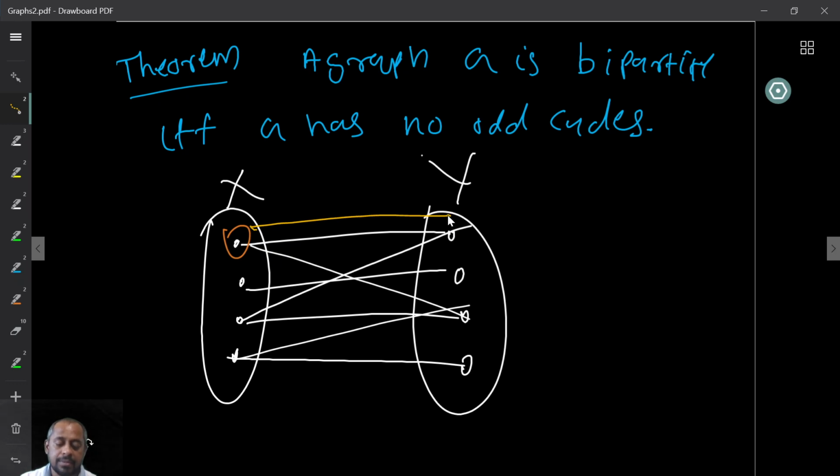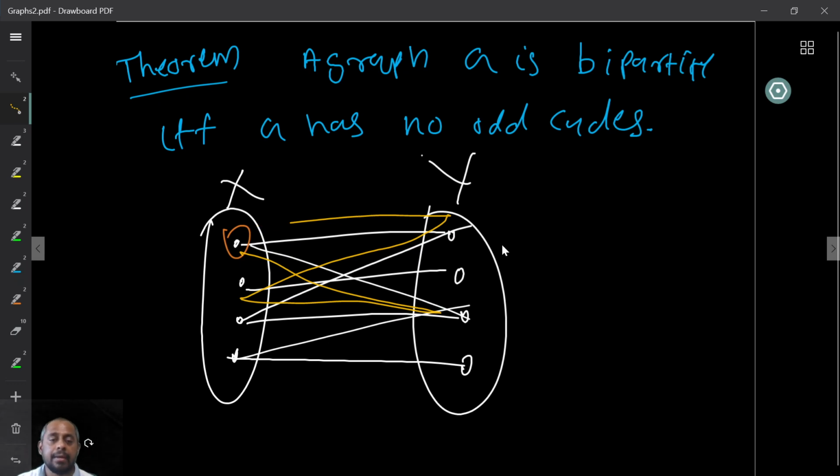Then, since there is no edge in Y, I have to come back to X again. Then I go to Y, then I can come back to X again. So anytime the walk comes back to the same starting vertex, that is, the walk is a closed walk, it is of even length, because I have crossed this bipartition exactly an even number of times.